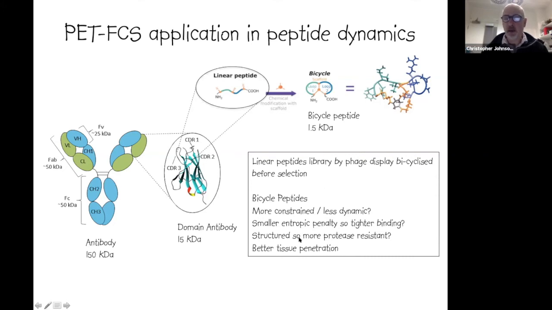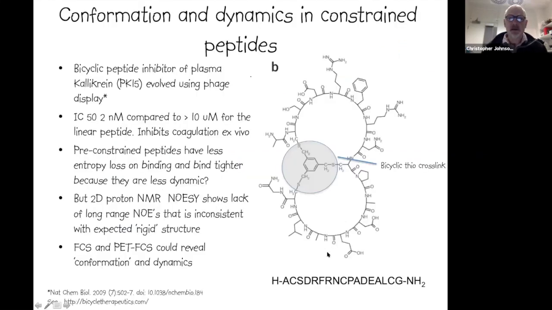They should be more protease resistant in that they're structured, and potentially have better tissue penetration. So there was a bicycle peptide. Here's the sequence, and here's the chemical structure of this peptide. Here you can see the bicyclic chemistry that leads to the name of bicycle peptides.